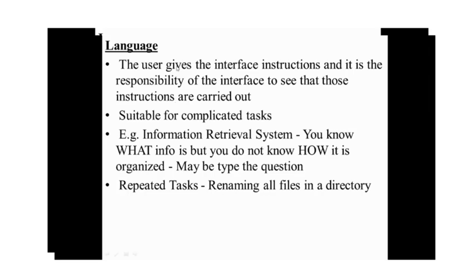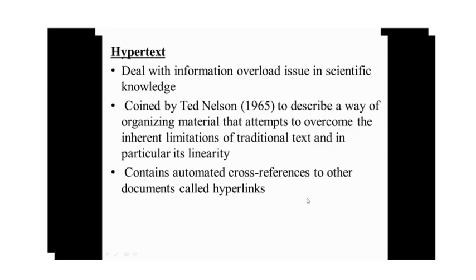Language: the user gives the interface instructions and it is the responsibility of the interface to see that those instructions are carried out. Suitable for complicated tasks. Example: an information retrieval system, where you know what information you want but you don't know how it is organized. Another example is a repeated task, such as renaming all files in a directory.